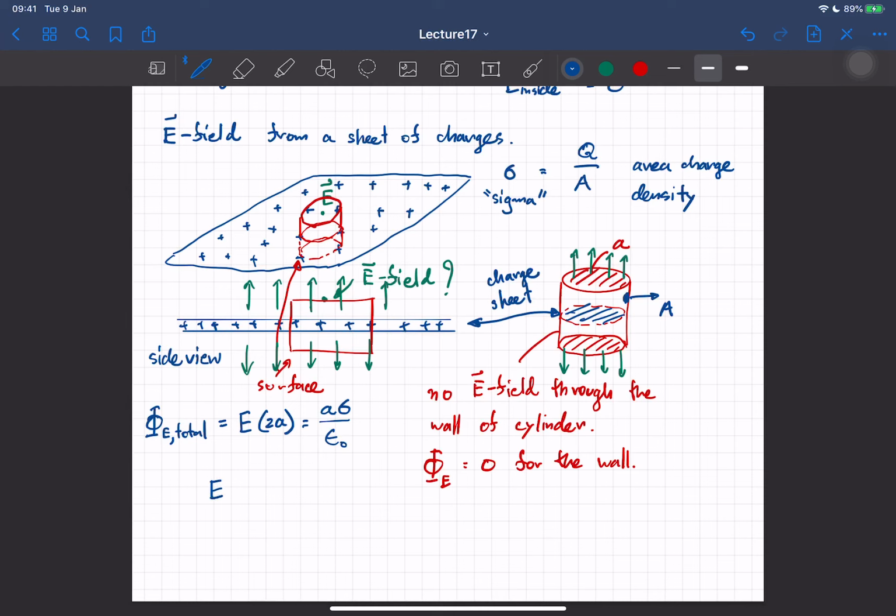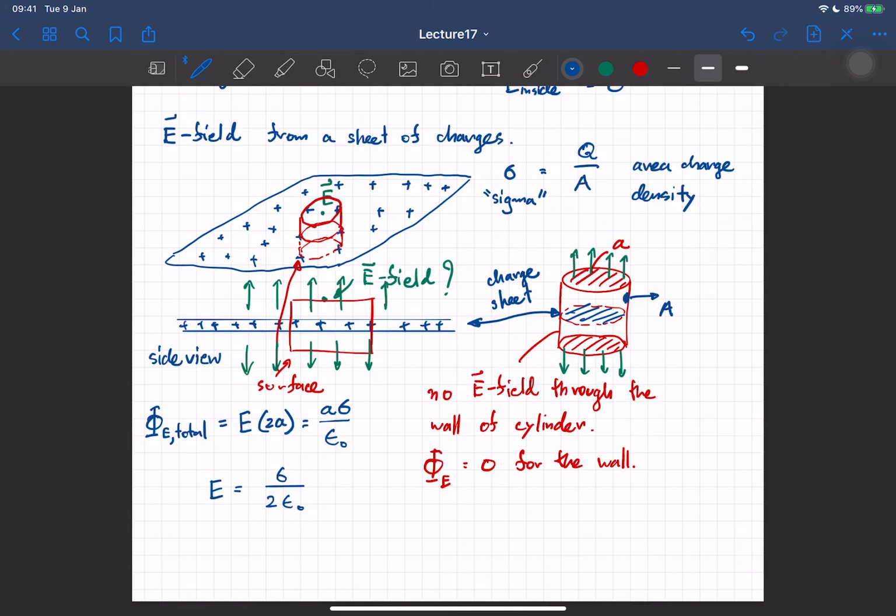So electric field is simply sigma divided by 2 times epsilon 0, like this. And you can see that the area cancels out, which is good. Because remember, the area is something that you come up with. It has nothing to do with the charge sheet itself, right? So the area A cancels out, which is good.